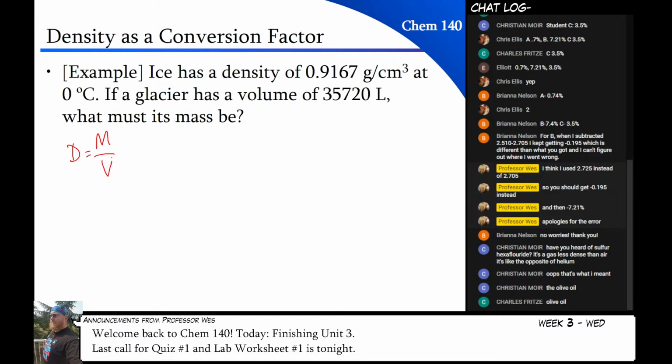So I'm going to let you try and tackle this for about 2 or 3 minutes, and then I'll get started on it too and help you. Tell me what the mass of the glacier is in any units of mass you want, because the problem doesn't specify. I'm going to pick kilograms because that seems appropriate for a glacier. But if you want to do it in grams, that's fine too.